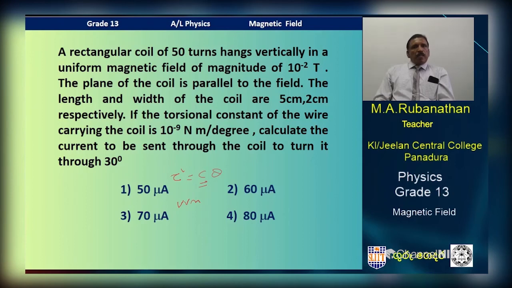Then calculate the current to be sent through the coil to turn it through 30 degree. So again we apply the equation. Normally we write NBIA is the torque.